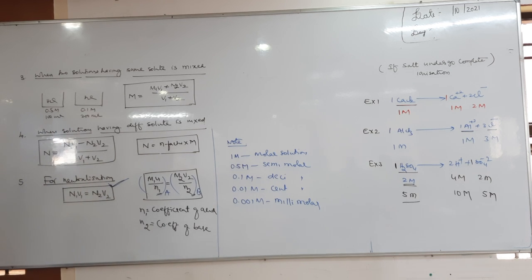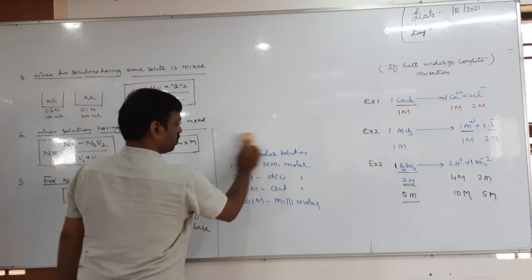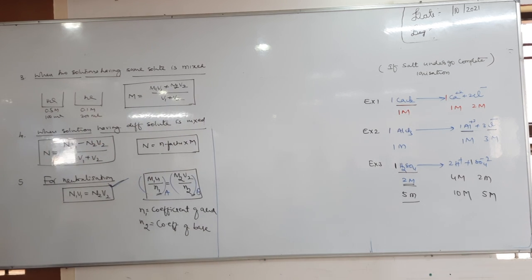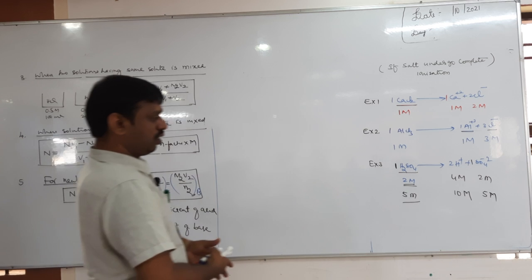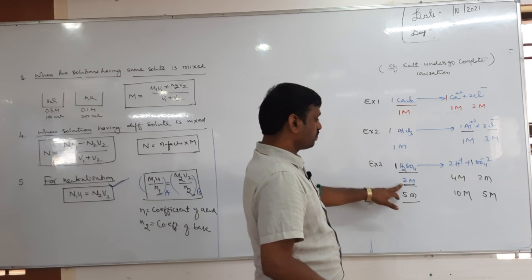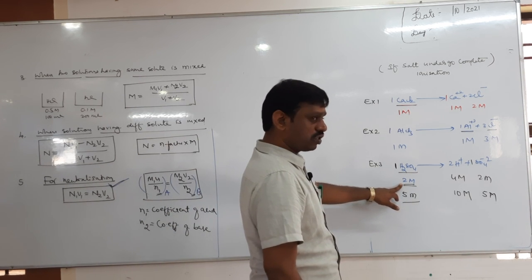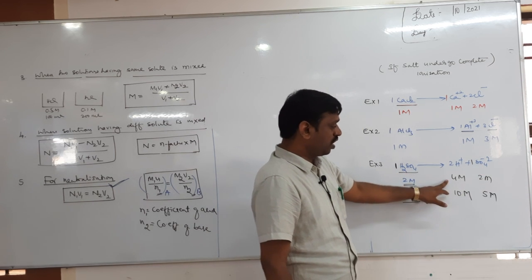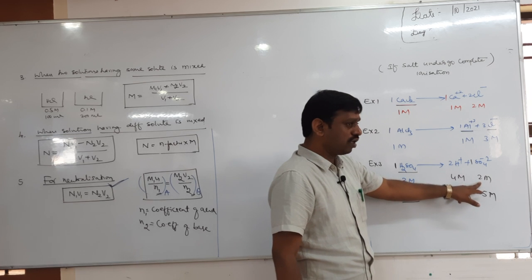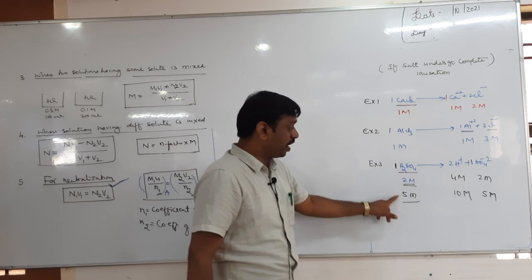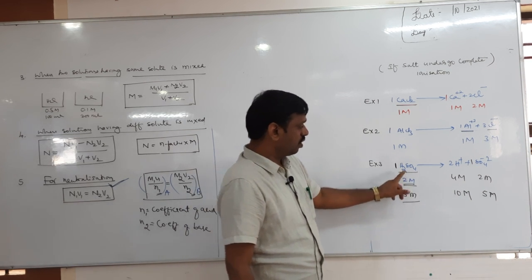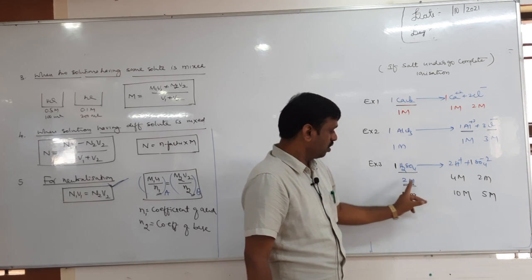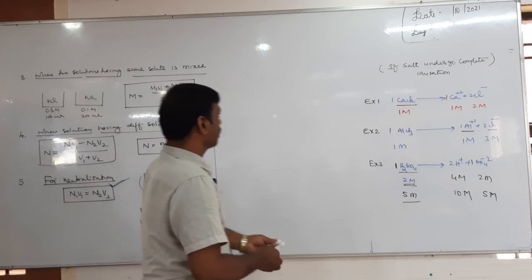Sulfuric acid undergoes complete ionization. If you take 2 molar sulfuric acid, it gives how many molar H plus ion and how many molar sulfate ions? 4 molar H plus, 2 molar sulfate ion. If you take 5 molar sulfuric acid, it is double, so if you take 5, it becomes 10 for H plus, and 5 for sulfate. Okay. One more example.